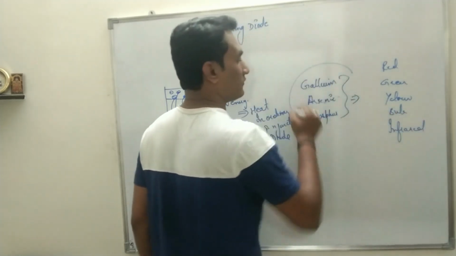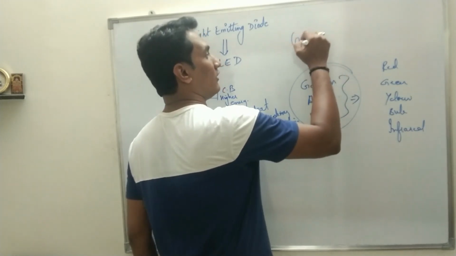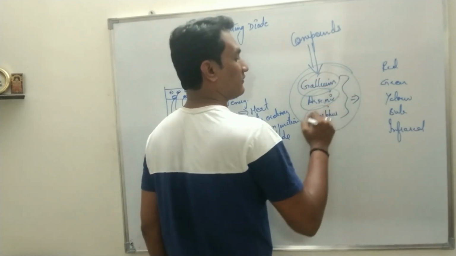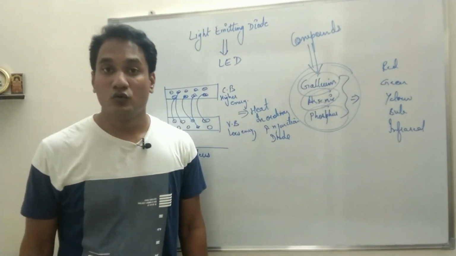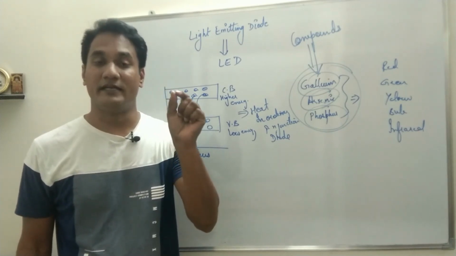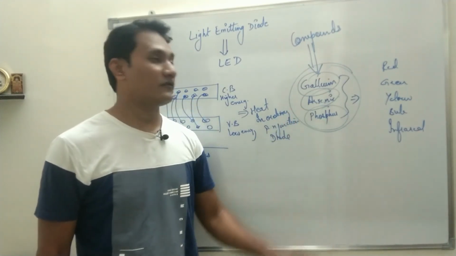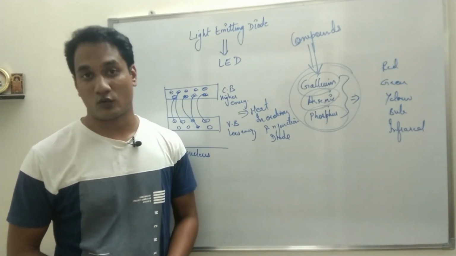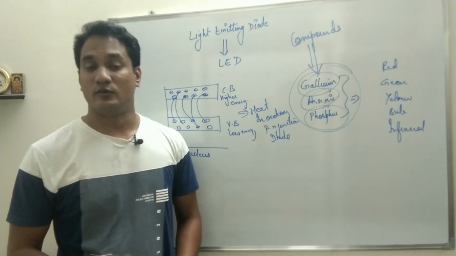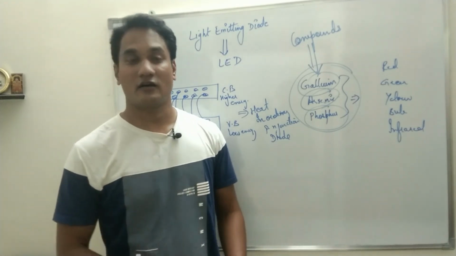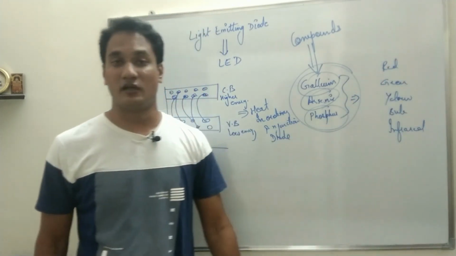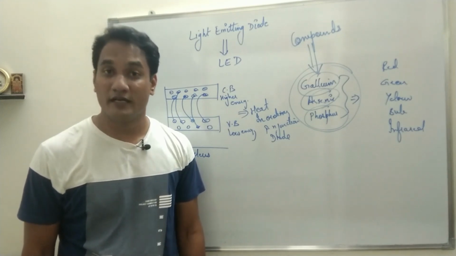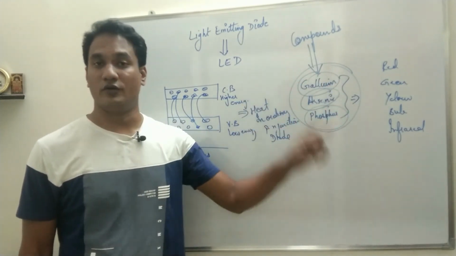So you have to use compounds of gallium, arsenic, and phosphor to design a light emitting diode. When such materials are used, whenever the diode is forward biased, current will flow and it will radiate light. The color of the light can be yellow, green, blue, red, or infrared, depending upon the compound you use.